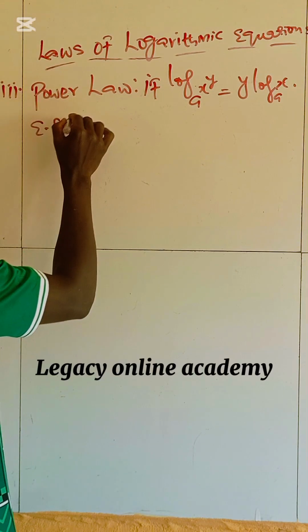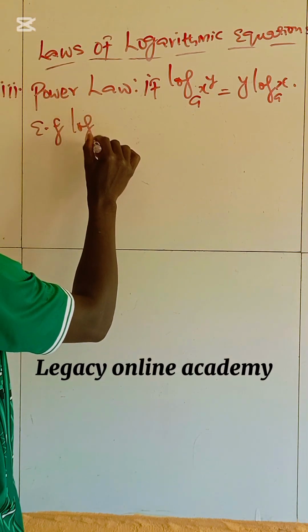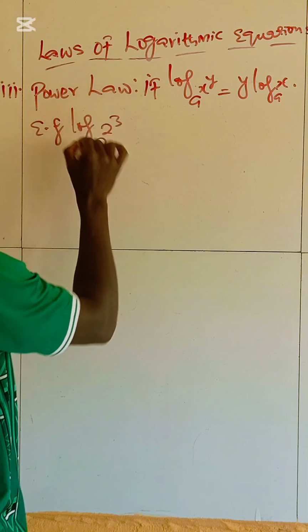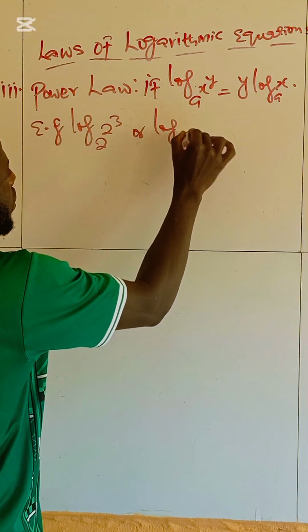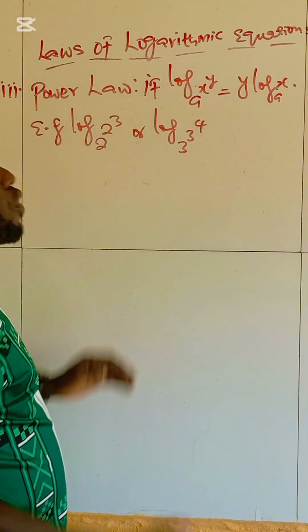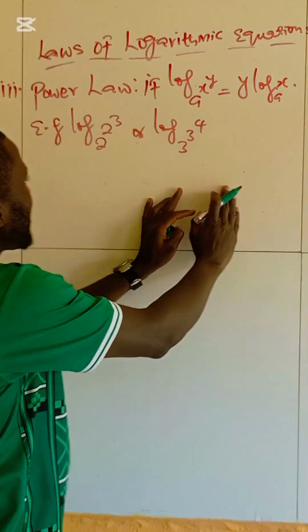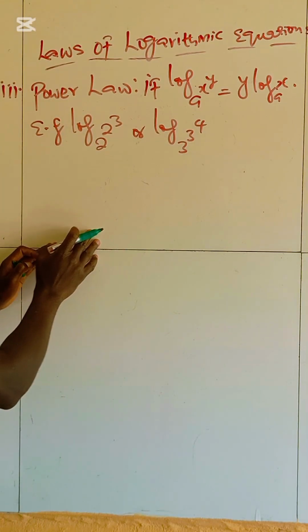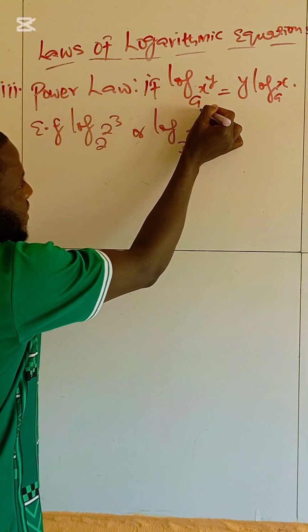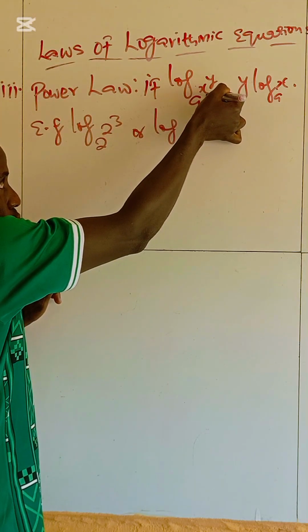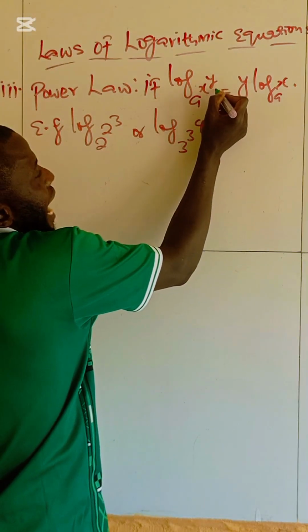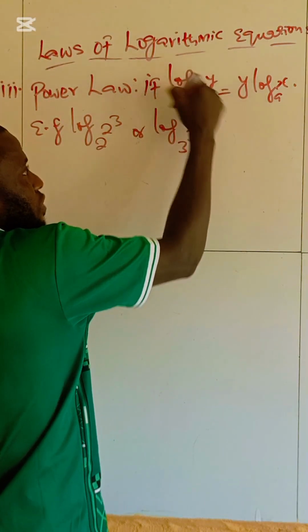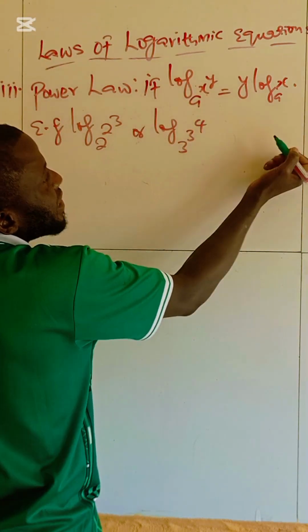For example, if you have logarithm to base 2 of 2 to the power of 3, or logarithm to base 3 of 3 to the power of 4, what this simply means is that logarithm to base a of x raised to the power of y means that y is the multiplier of logarithm to base a of x.